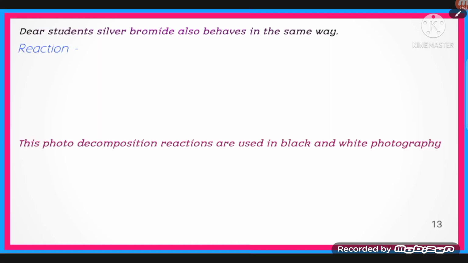Dear students, silver bromide also behaves in the same way. The chemical equation of this reaction: when silver bromide, AgBr, which is in solid state, is exposed to sunlight, it turns to silver and bromine.